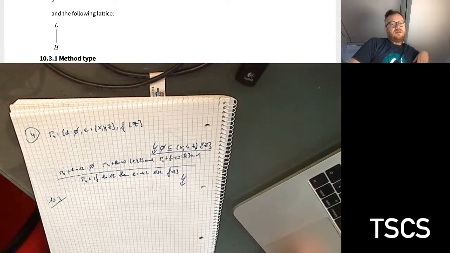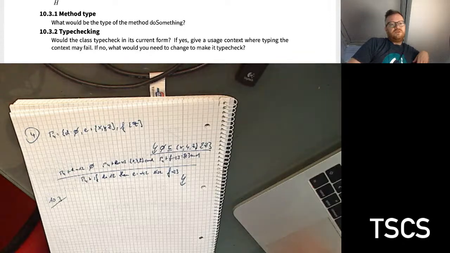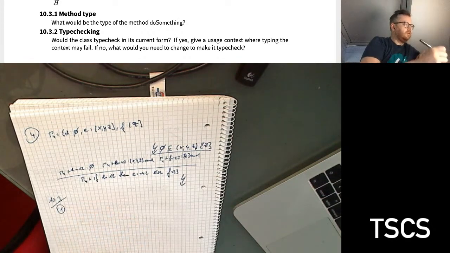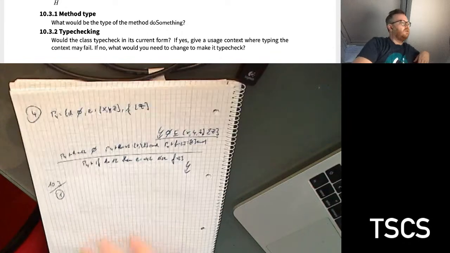Now the first part of this exercise was what would be the type of the method do something. So how do we determine this?